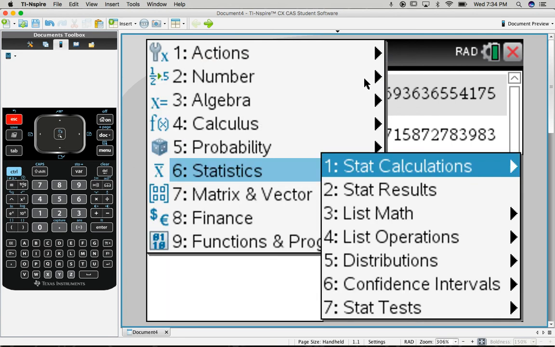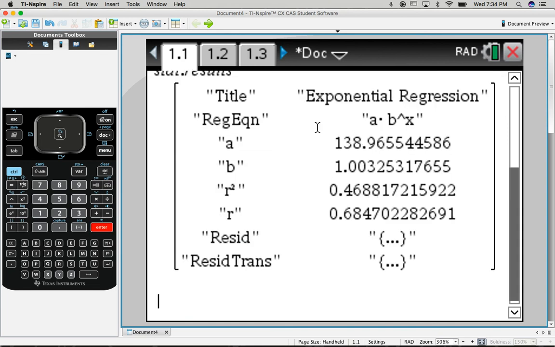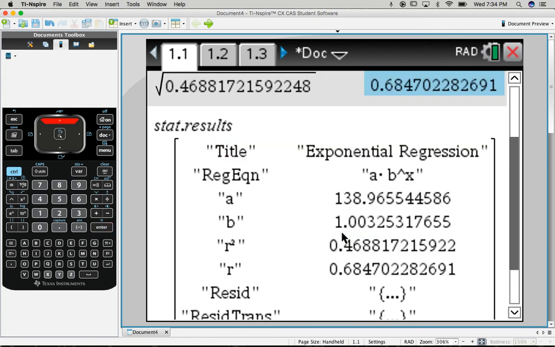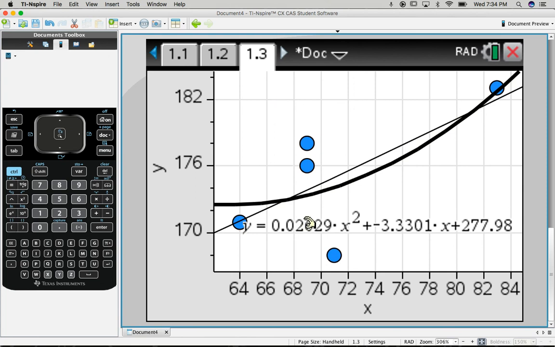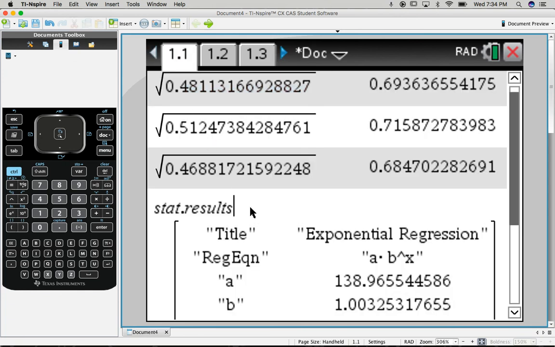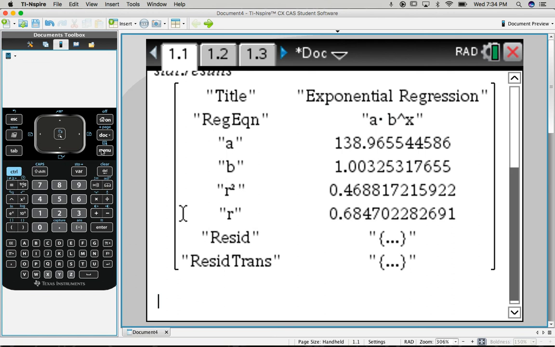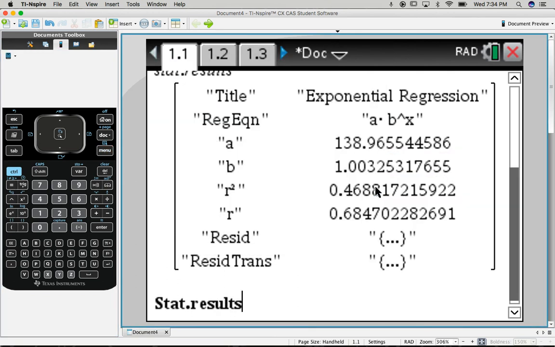Okay, so let me actually do it like this. Stat results. So here, the stat results, this is an exponential model, showing you what it would be if it was an exponential model, okay? I don't like to necessarily do that because it went straight to the exponential and it didn't necessarily prove that it was exponential. I mean, it could have been quadratic. If I did that one more time from the home screen, that's menu, statistics, we can do stat results.